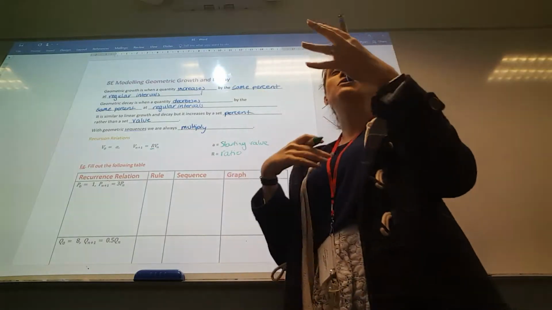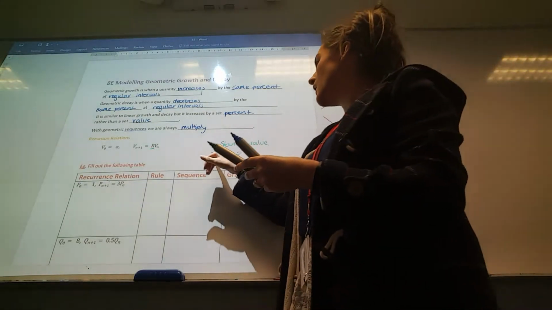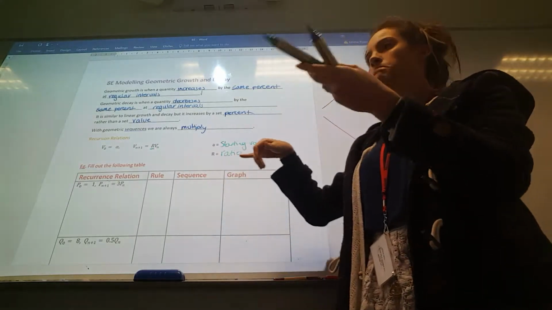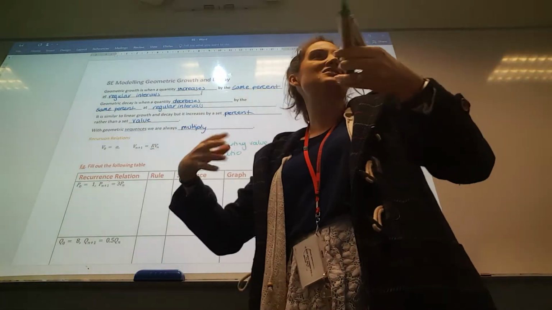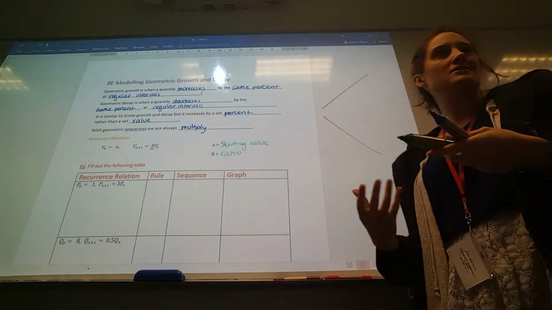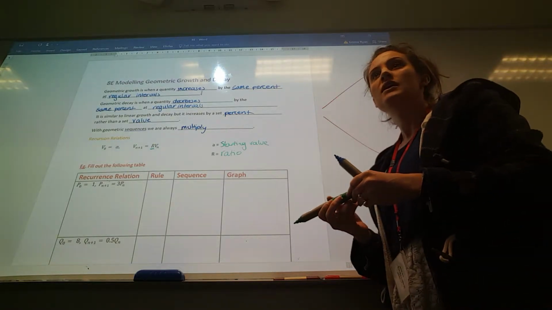It has the same sort of function as what D does, except instead of adding, we are multiplying. So when we're multiplying, we call it ratio. But pretty much it does the same thing as what D does. It tells us what we're going up or down by. Does that make sense? We've just called it a different letter. When you have a ratio, you're always timesing.